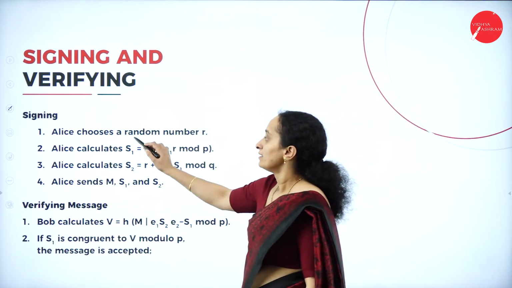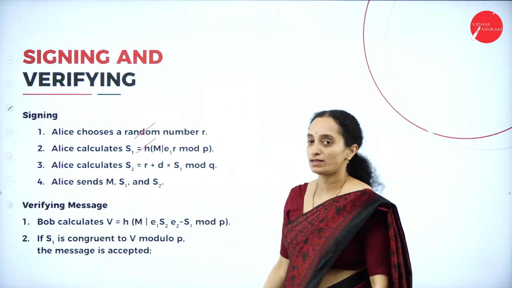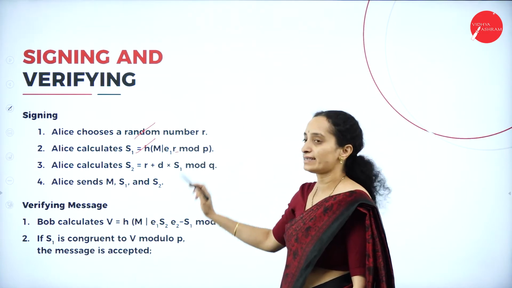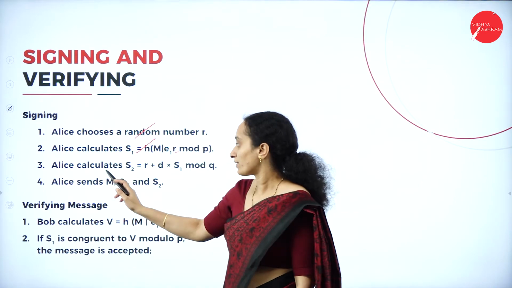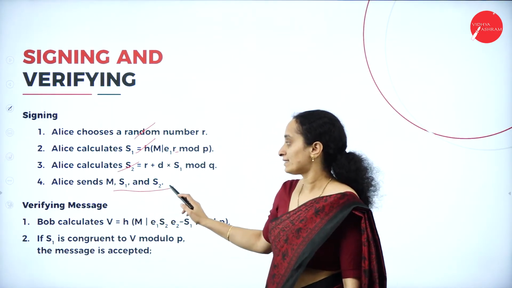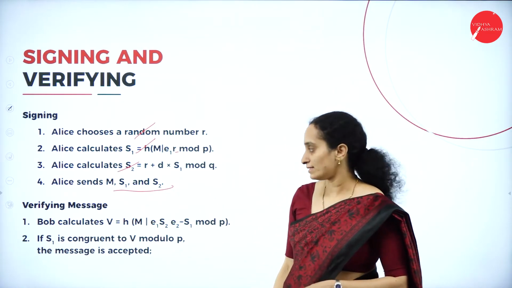So signing: the sender chooses a random number R and calculates S1 equals the hash function of M concatenated with E1 to the power of R mod P. Now it calculates S2 using the S1 value and gets M, S1 and S2, which is sent to the receiver.